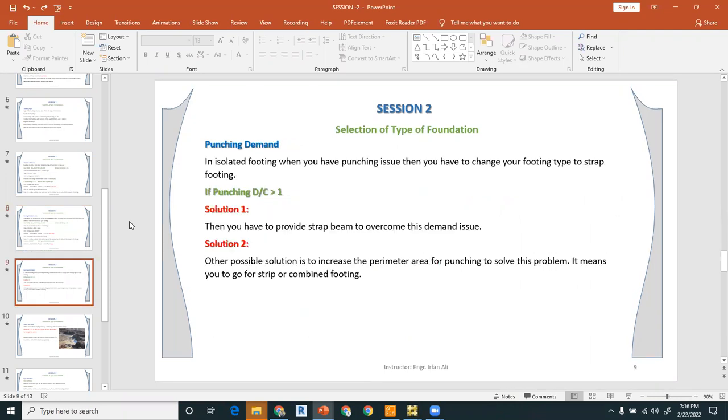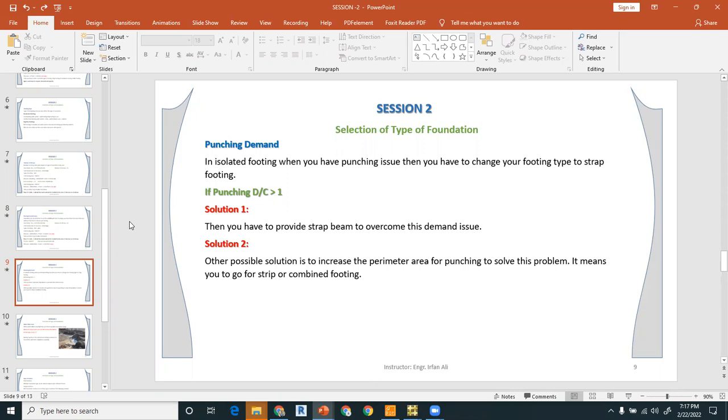So the next factor is very critical, which is the punching demand. In isolated footing or the raft footing, normally the punching is the main issue, but I have written it only for the isolated footing. When you have the punching issue, then you have to change your footing type from isolated footing to strap footing by providing the strap beam, right?